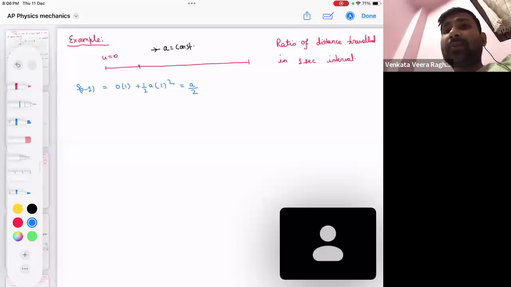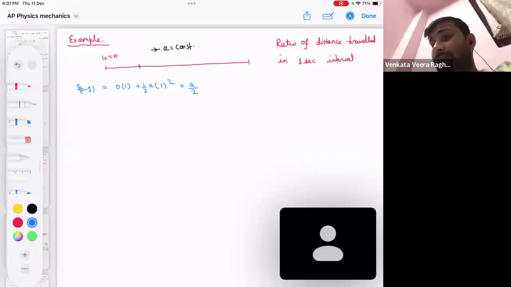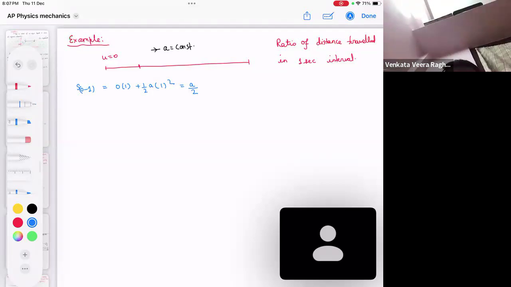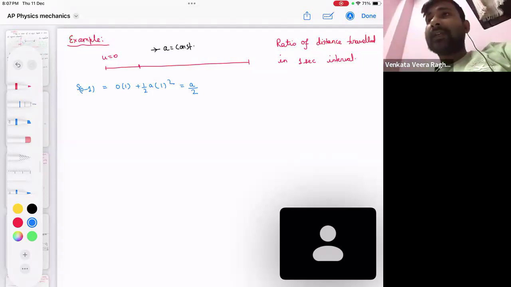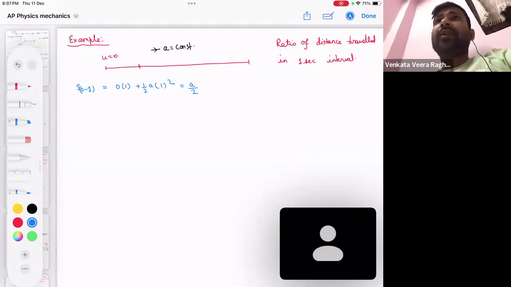Now I want to calculate the distance traveled in 1 to 2 seconds. But if you apply it from 1 to 2 second, then your initial point will become 1 second, isn't it? So what is the velocity at 1 second?